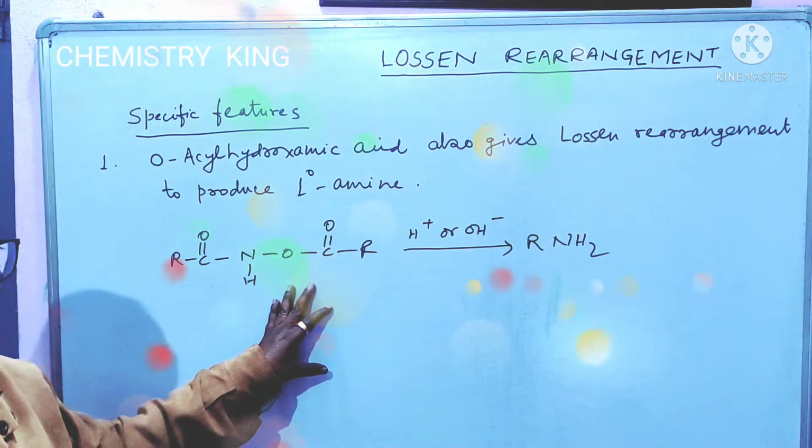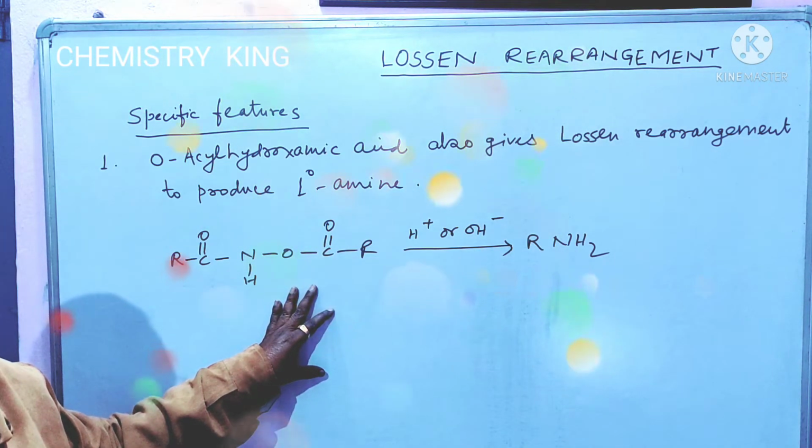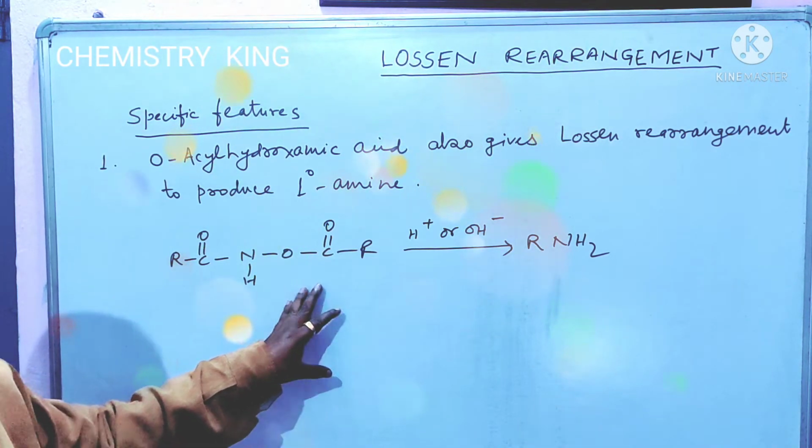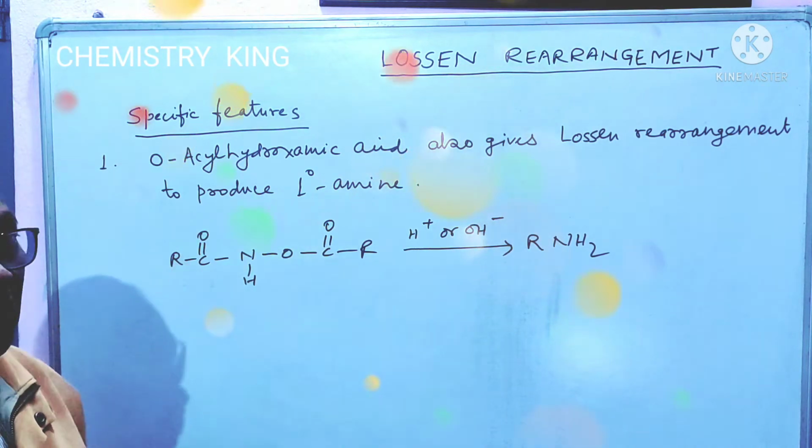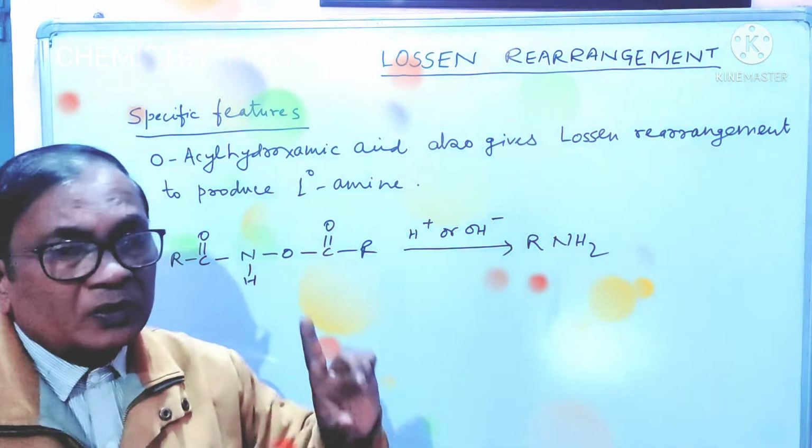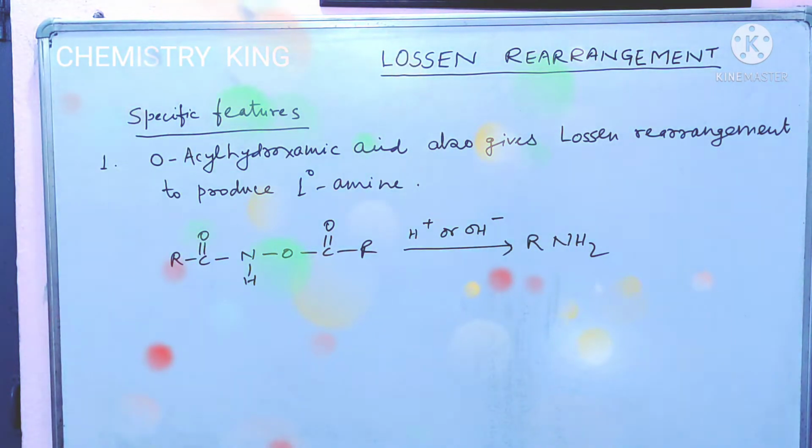This compound will also give Lossen rearrangement in presence of strong acid or strong base, leading to 1 degree amine.